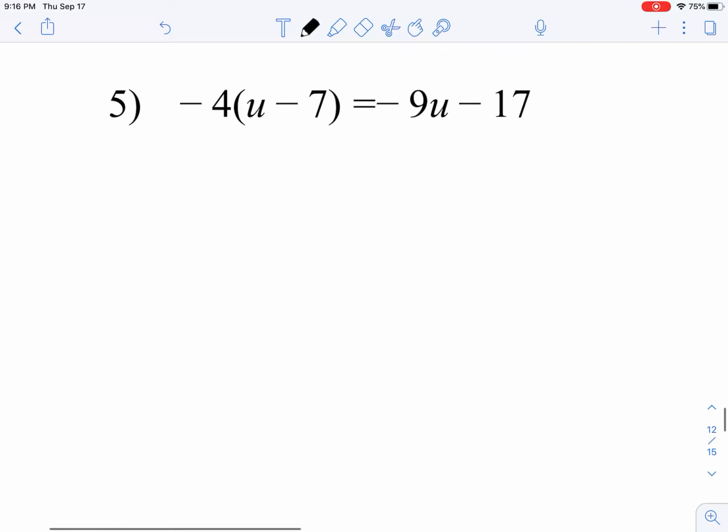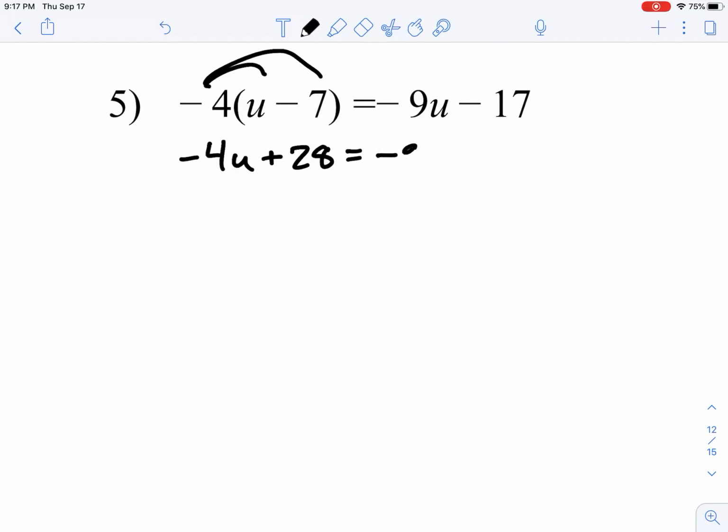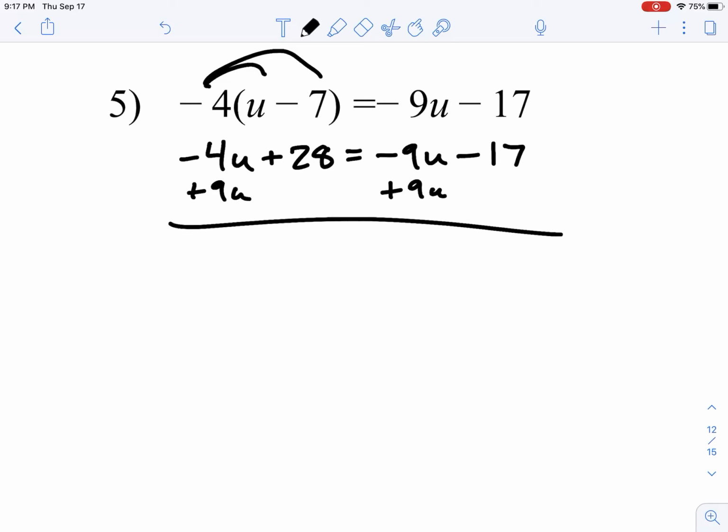Let's go on to number 5. On number 5, I have to distribute. Whenever you see parentheses, you should automatically think distribute. So -4u, I'm distributing that -4 in, and then plus 28 equals -9u minus 17. All right, solving here, plus 9u plus 9u.